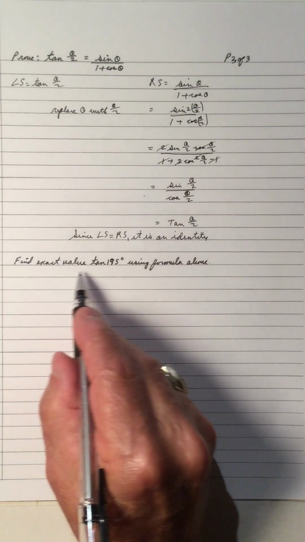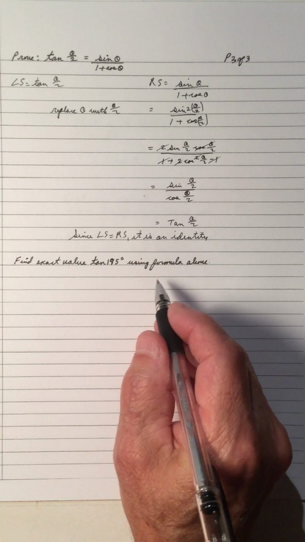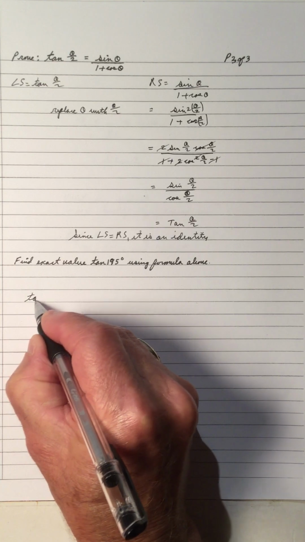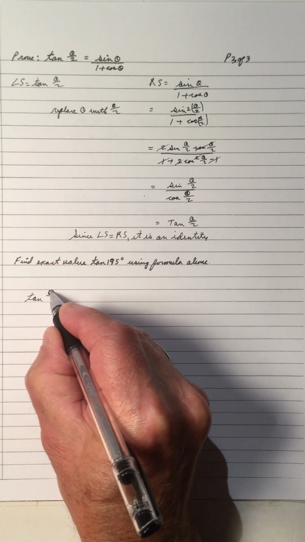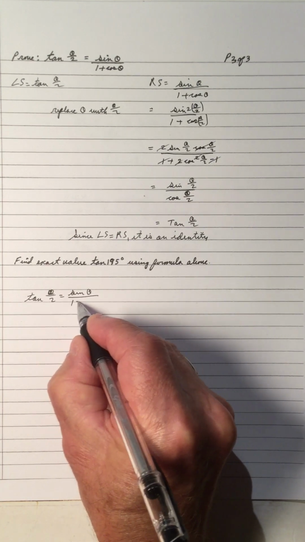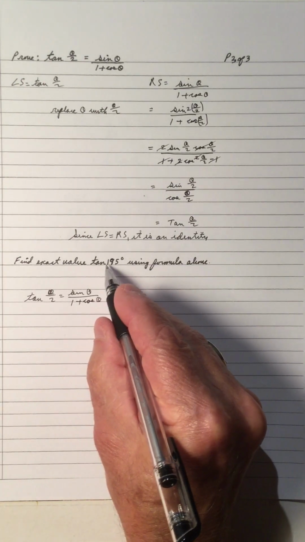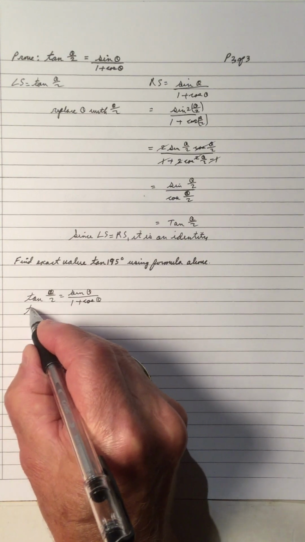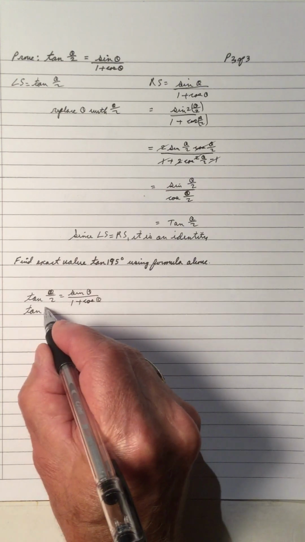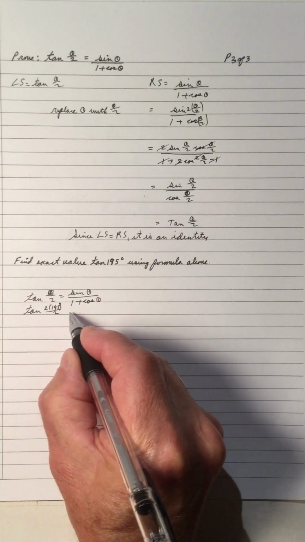Now, let's find the exact value for the tan of 195 using the formula above. So the formula above is this one. We have the tan of theta over 2 is the sine theta divided by 1 plus cos theta. So the tan of 195 is, if you double 195, so that's 2 times 195 over 2.